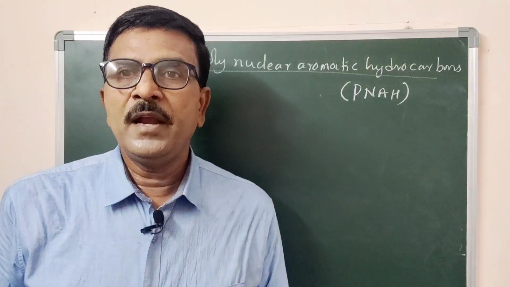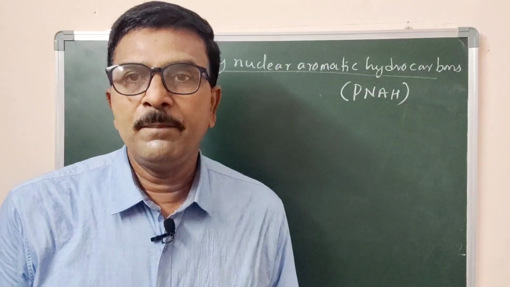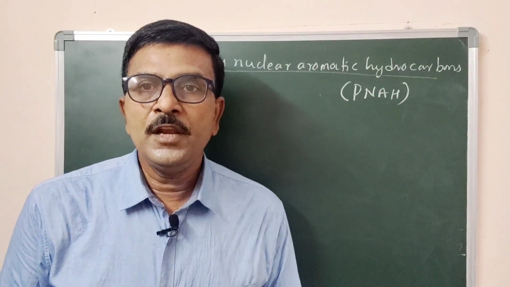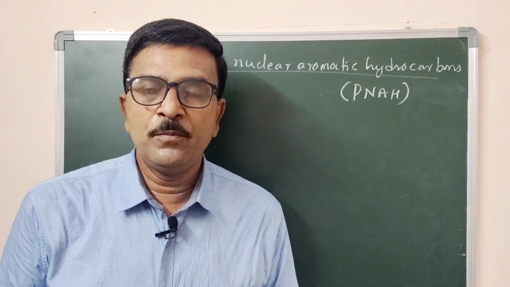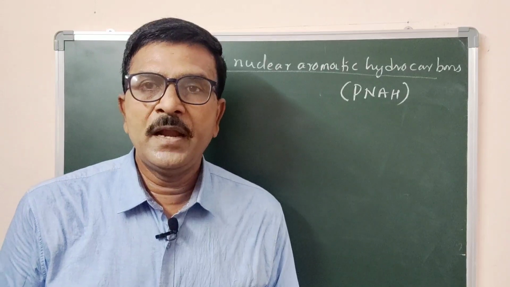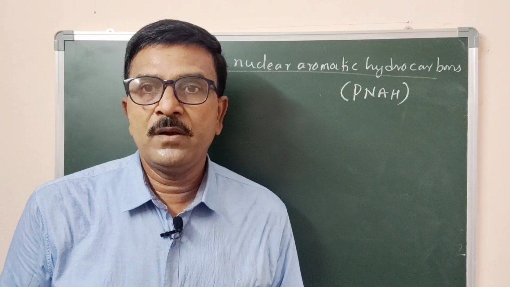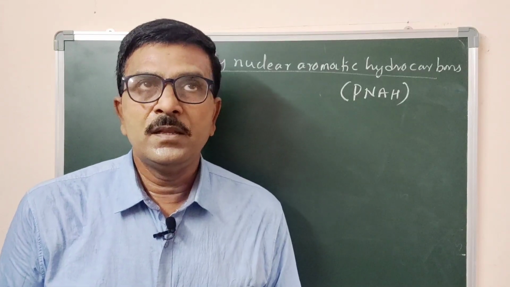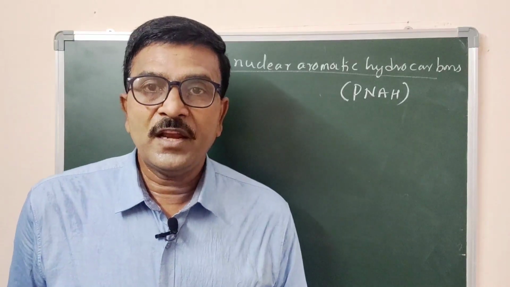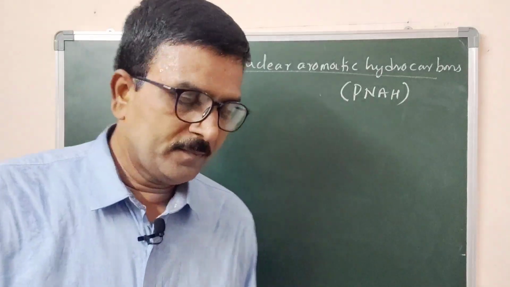One is the primary band at a particular wavelength value, the other is the secondary band. There are some exceptions. In some polynuclear aromatic hydrocarbons, we can observe only one absorption band, but in most of the cases there are two absorptions in the ultraviolet spectrum, a primary band and a secondary band.